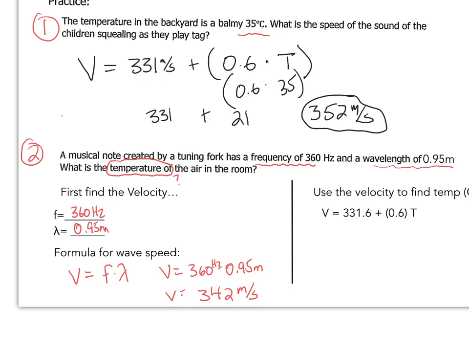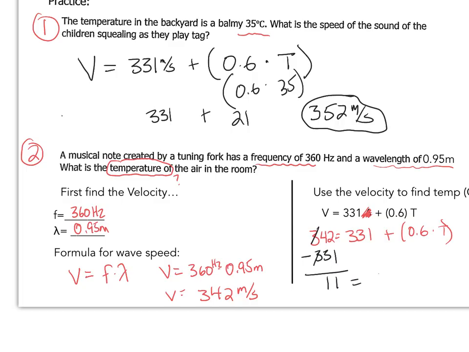So let's see how average the temperature is. What you do is put in the 342 over here, and there's actually a typo here. Can you delete that 0.6? It's just 331 plus 0.6 times t. So you have to do reverse PEMDAS. We subtract our 331, and the 3's cancel. 4 minus 3 is 1, 2 minus 1 is 1.